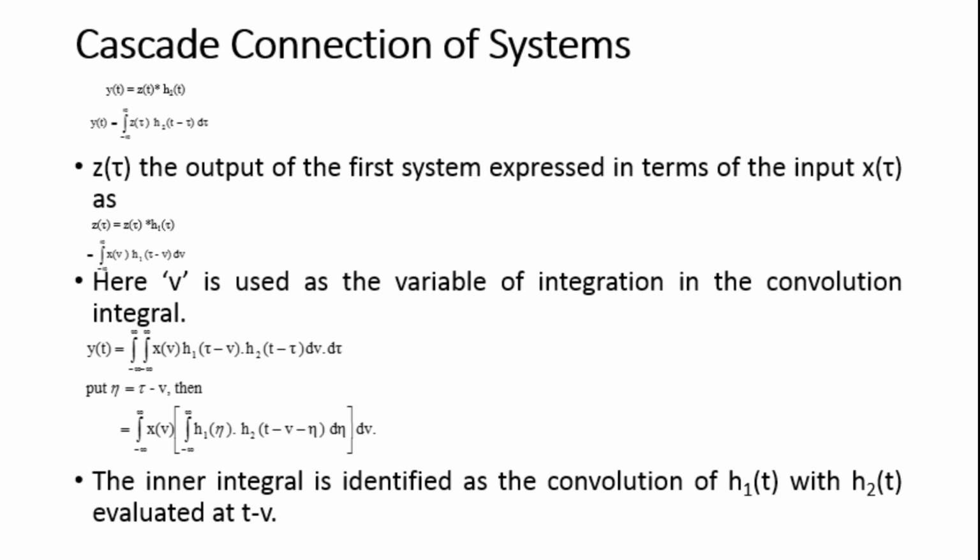Put tau minus v as eta, then taking x of v outside, the integration from minus infinity to infinity of h1 of eta into h2 of t minus v minus eta d eta dv. The inner integral is identified as the convolution of h1 of t with h2 of t evaluated at t minus v.